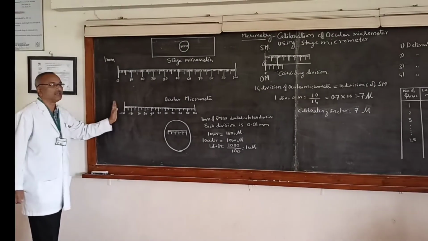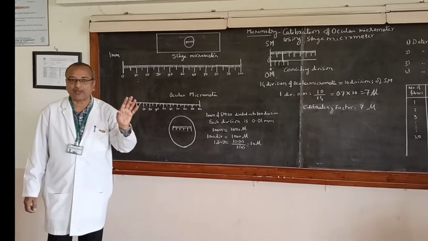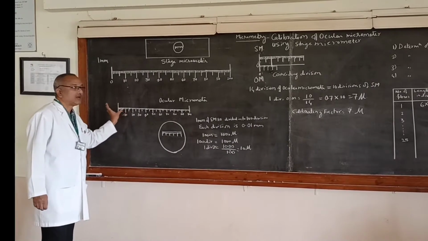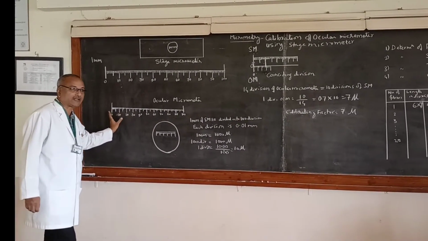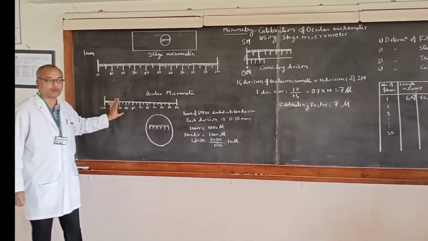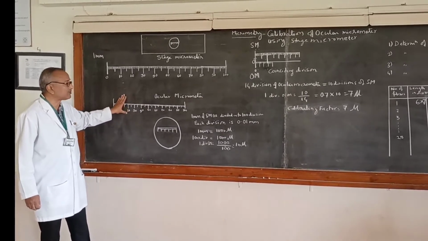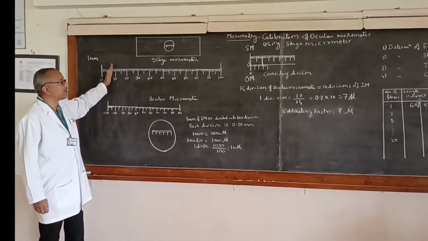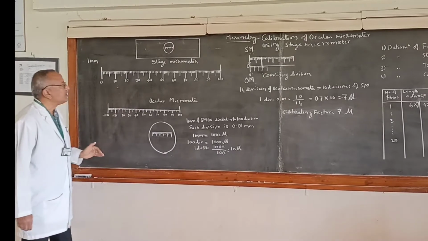The ocular micrometer, which we use for measuring fiber length or starch grains, does not have any units. It is divided into 100 divisions but doesn't have any units. So for that purpose we have to standardize or calibrate this ocular micrometer, and in this method we use the stage micrometer for the calibration of the ocular micrometer itself.